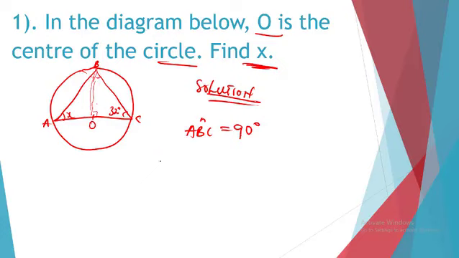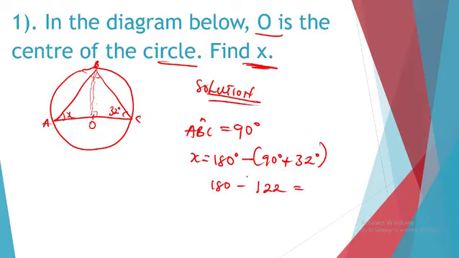If that is the case, then x is equal to what? 180 minus 90 plus this 32 here, 32 degrees, and that will give us 180 minus 90 plus 32 will give us 122, and then when we subtract that, we have our answer to be what? 58 degrees. So x is equal to 58 degrees, and that's just it.